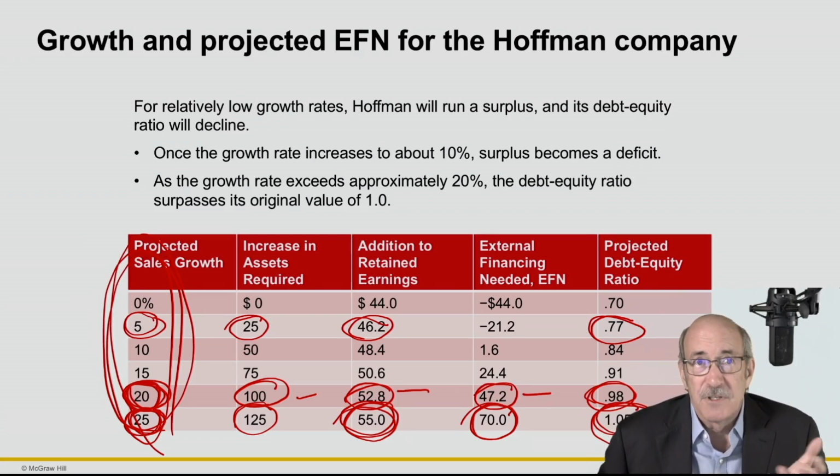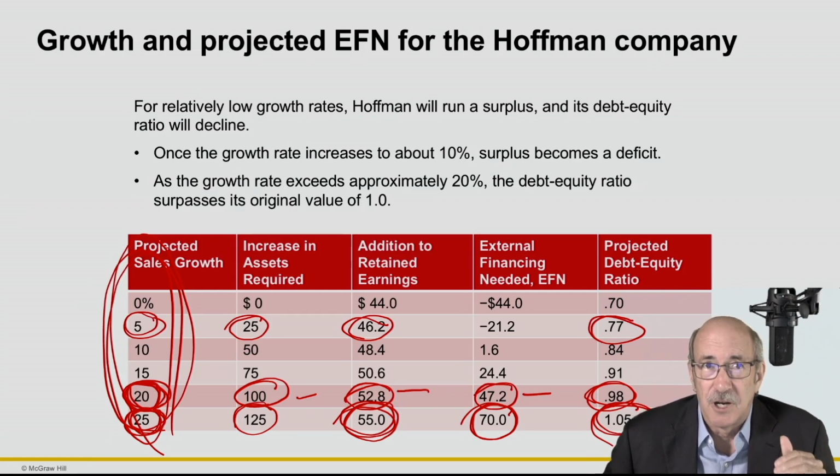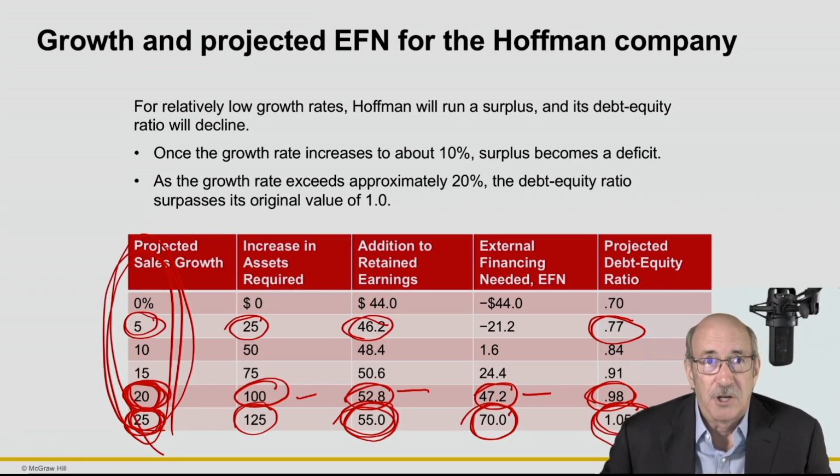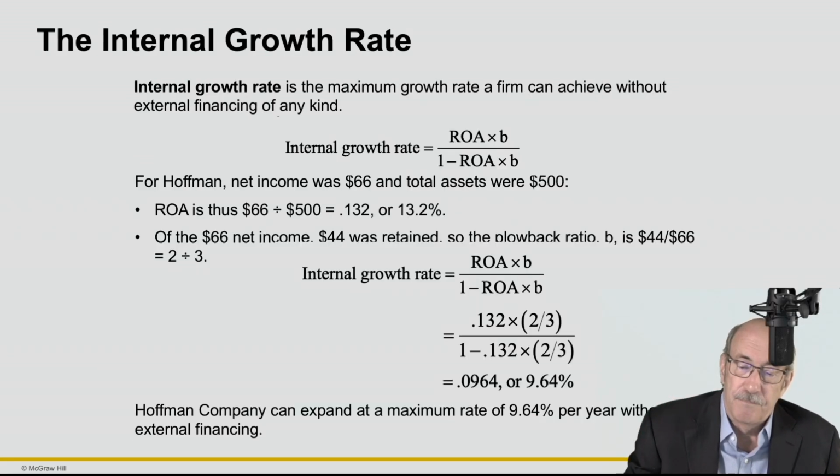Maybe they even say, hey, we think best case scenario is 20%, but there's some possibility we'll fall below that and only have 15. Some possibility we'll actually exceed that and be up to 25. Here are what our needs are in each of those scenarios. So this is always something that you would want to do as an analyst inside this firm, Hoffman Company.